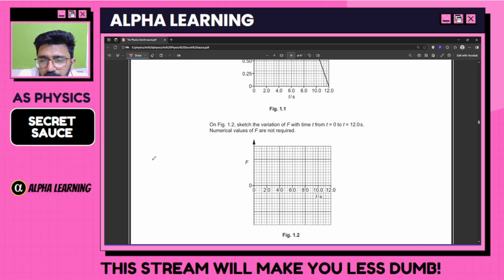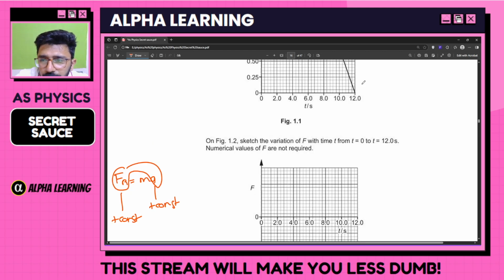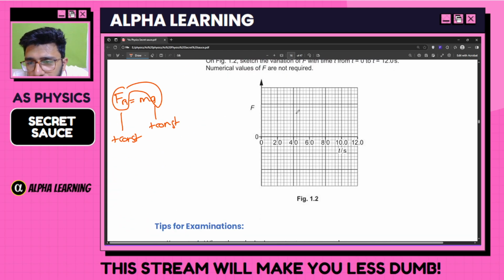Now we have studied that resultant force is equal to ma. Resultant force is directly proportional to acceleration. If acceleration is positive and constant, your resultant force will also be positive and constant. So for the first 4 seconds, you can draw the resultant force as positive and constant like this. Okay.